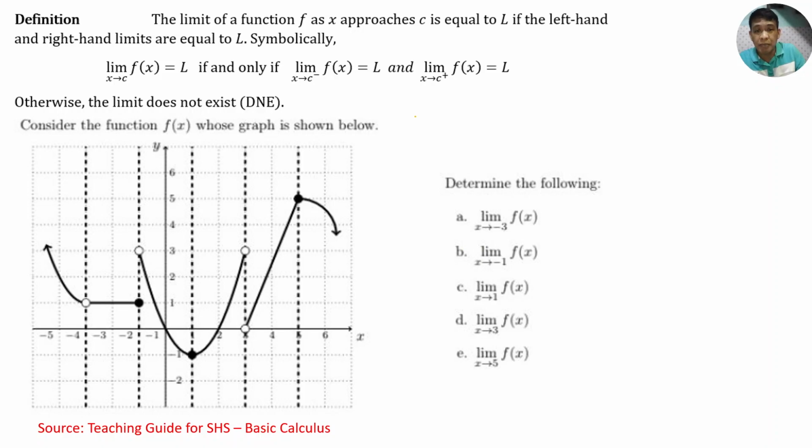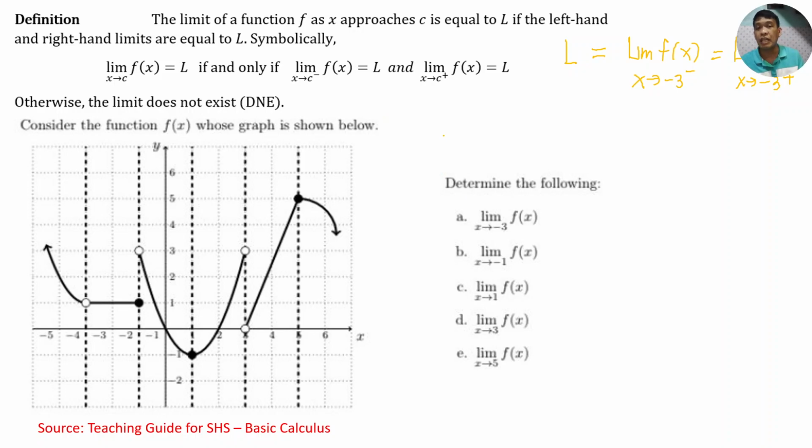If limit of f of x as x approaches negative 3 minus is equal to limit of f of x as x approaches negative 3 plus, ibig sabihin, ang limit ay nag-e-exist. Dapat yung makukuha nating value, yun yung real valued function value na makukuha natin.